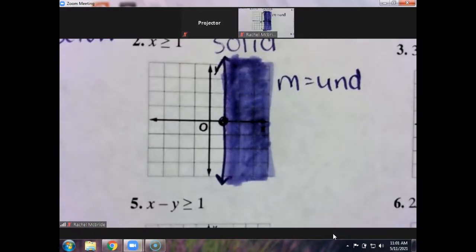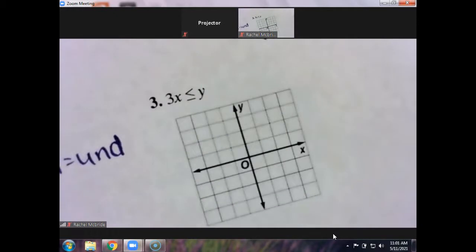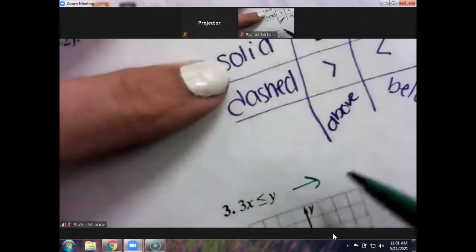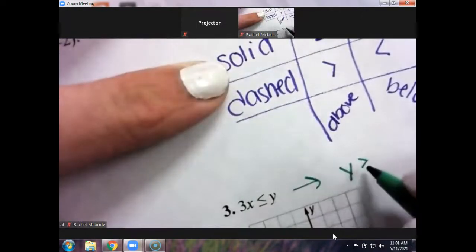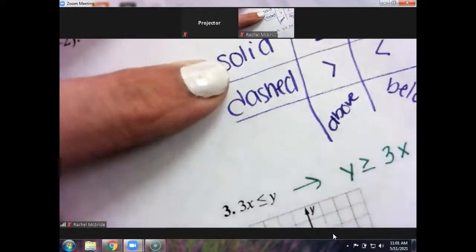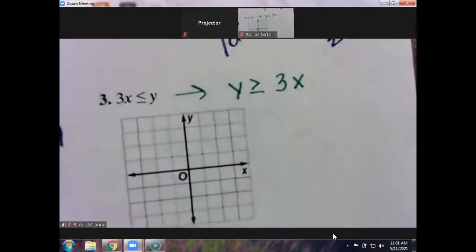All right, let's look at number 3. Number 3 is a little goofy, right? Is that in a form we like to look at? No. So what could I do to make it look how I want it to look, Nevaeh? Perfect. So I'm going to flip it. Is everybody okay with the flip?